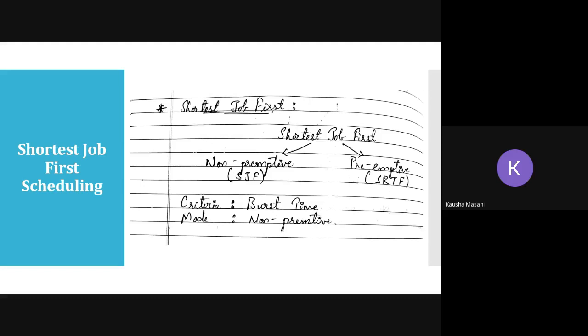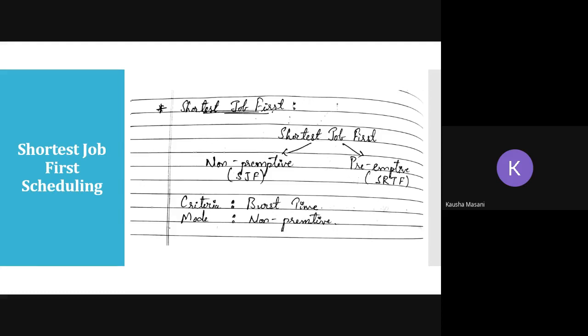Now, we had also seen your FCFS algorithm, and you have solved it also. The next thing we are going to see is shortest job first scheduling. The criterion that we discussed in the morning is the burst time. Previously we were looking at the arrival time.